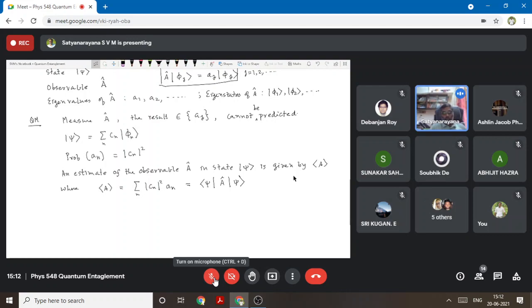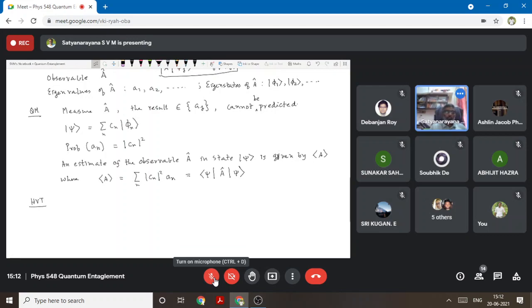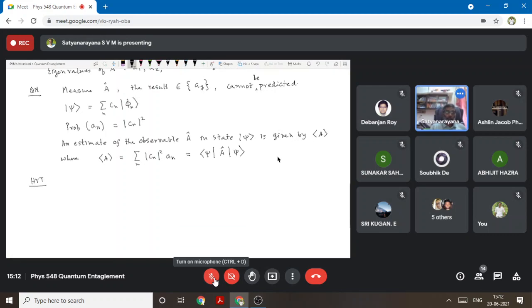Now, what do you formulate in hidden variable theory? Let lambda be a hidden variable.